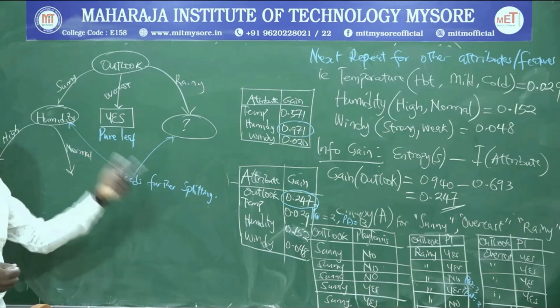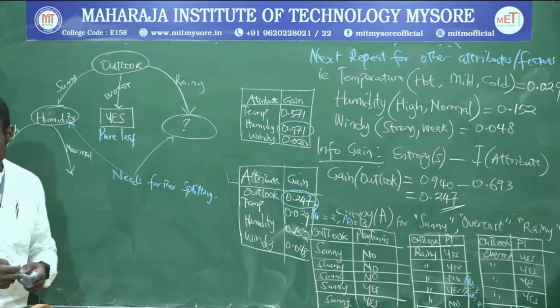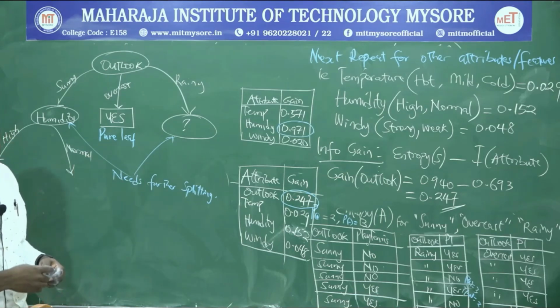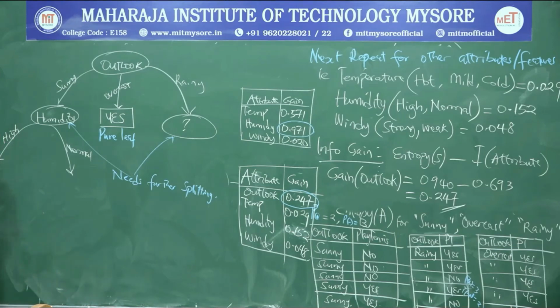You trace it and then you'll be able to understand what we are doing. So, for humidity, for high, we had no, and for normal, we had yes. So you see, these again are pure leaves now. No further splitting, pure leaves.